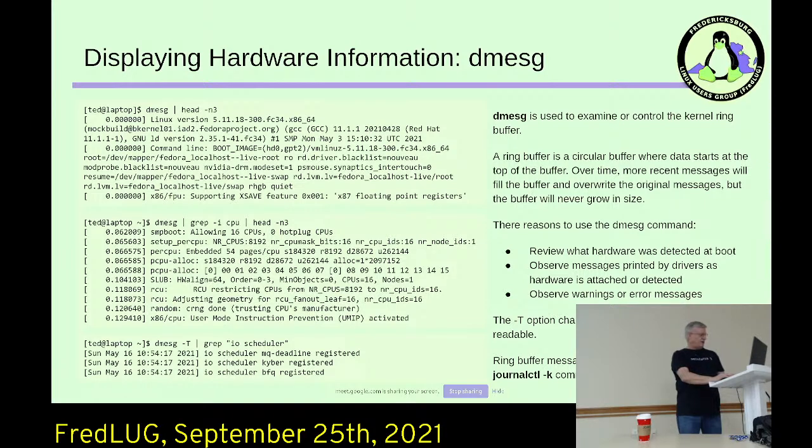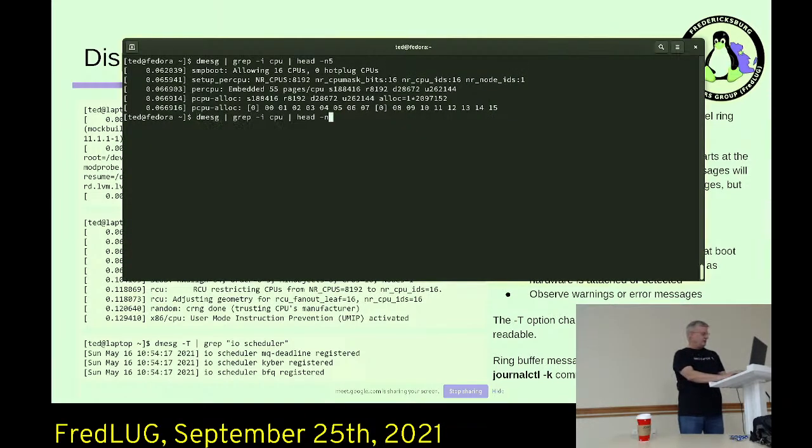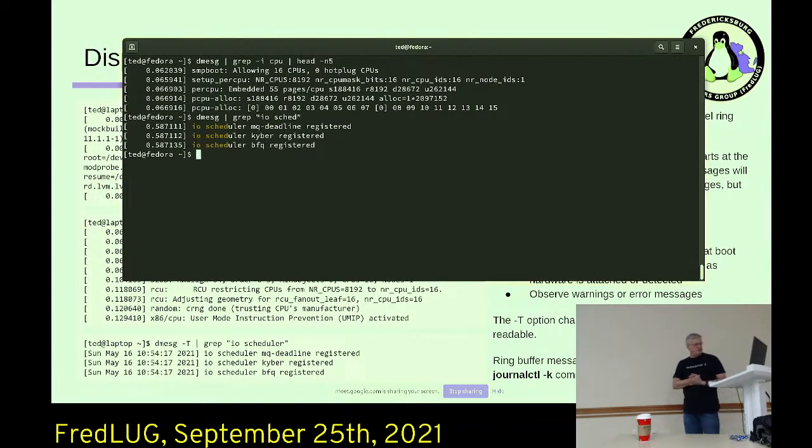And then IO scheduler. IO scheduler can come in really handy sometimes when you're talking about performance tuning. And so the 3 different IO schedulers that this kernel understands are the mq-deadline scheduler, the Kyber scheduler, and the BFQ scheduler.